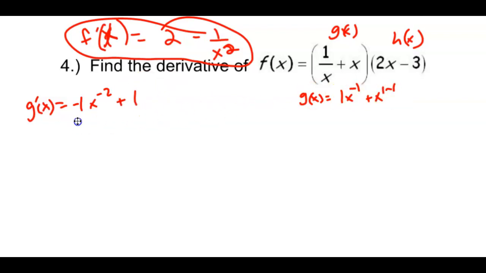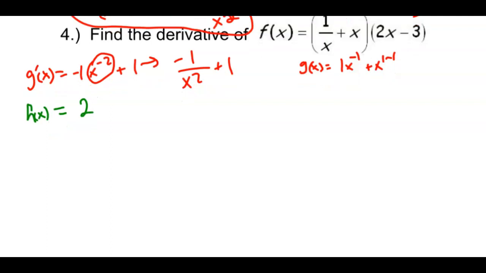So that's gone. So here's the derivative right here, which I'm going to simplify further as negative 1 over x squared, because again, move that whole thing to the bottom. And then I still have plus 1. So this is the derivative of g. And then we have the derivative of h, which is going to be 2.